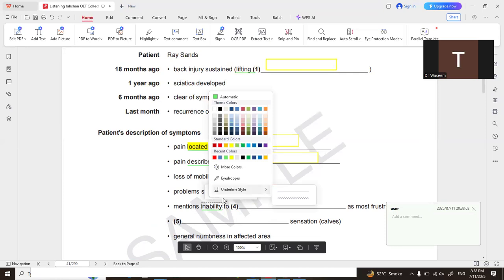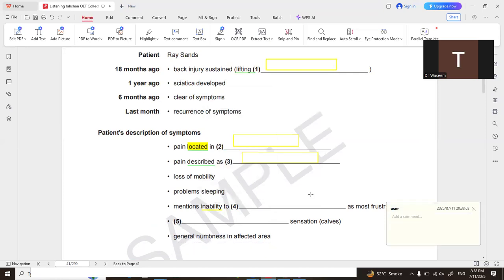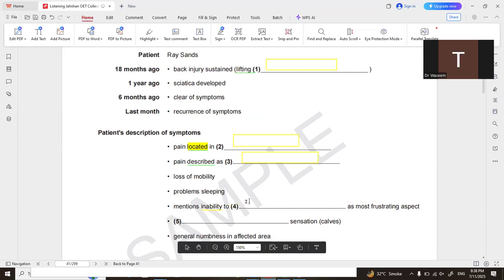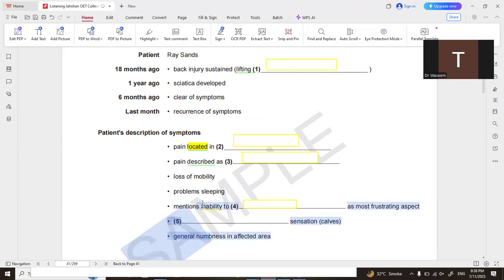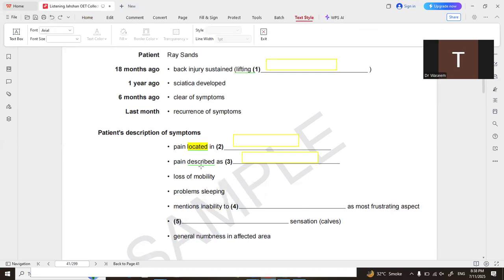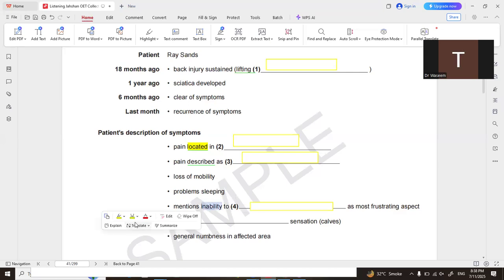Okay, then the patient is mentioning that he's unable to do something, inability. Okay, this inability, what sort of inability he is talking about, that will come over here, that he is unable to do something.